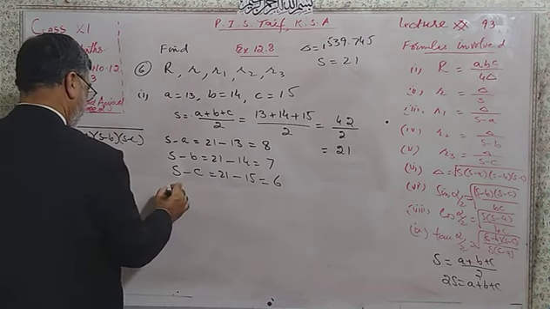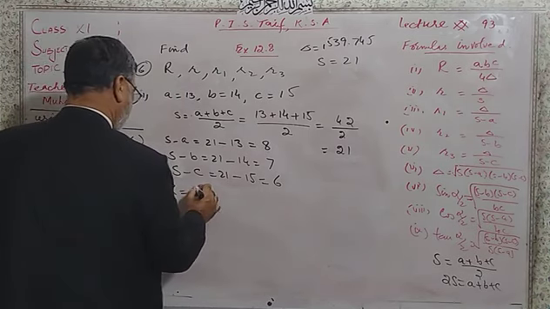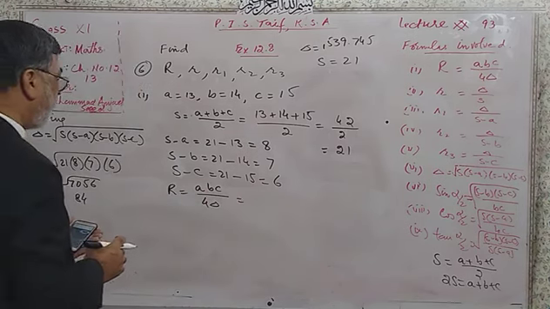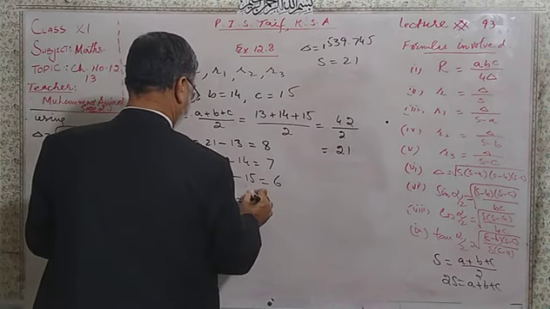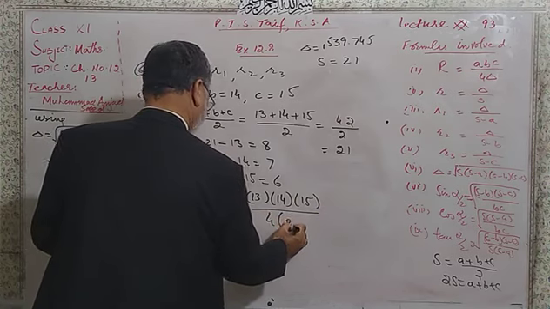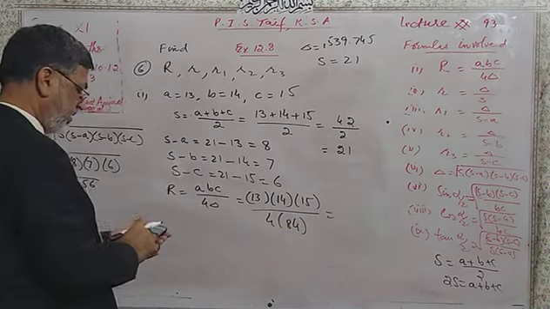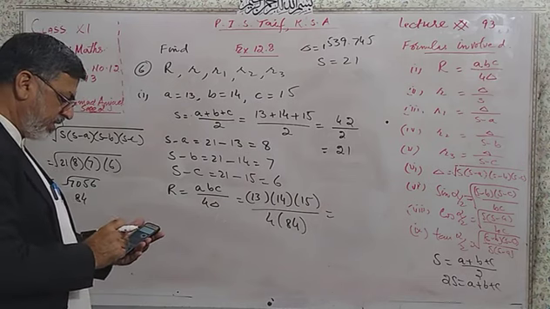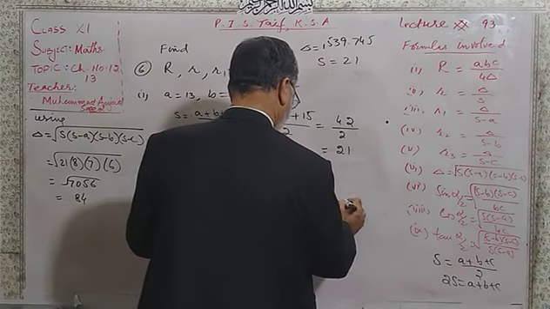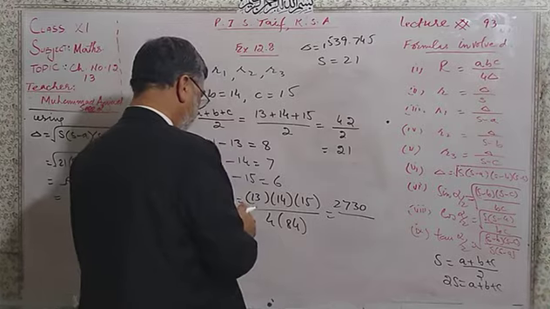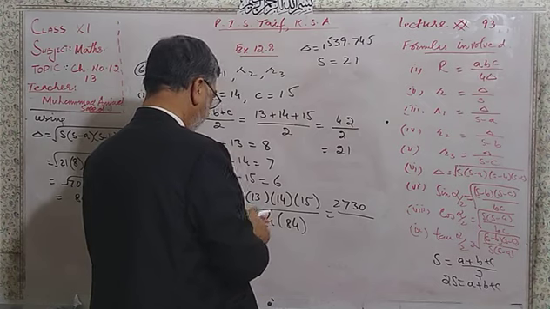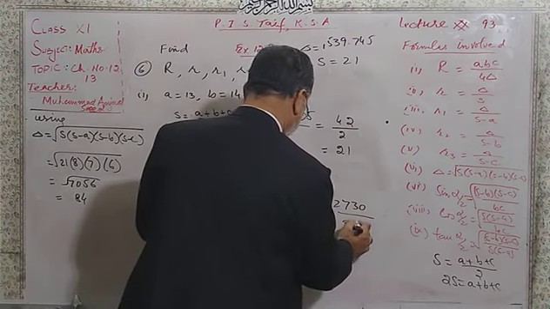Dear students, again we will write down the formula. R is equal to ABC over 4 delta, 13 into 14 into 15 divided by 4 into 84. 13 multiplied by 14 multiplied by 15 will be 2730, divided by 84 multiplied by 4, that is 336.